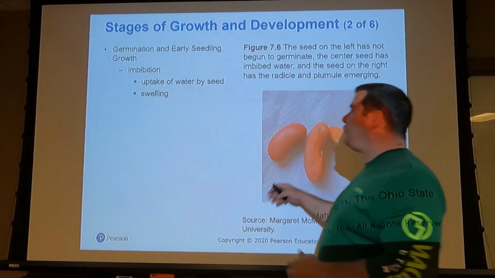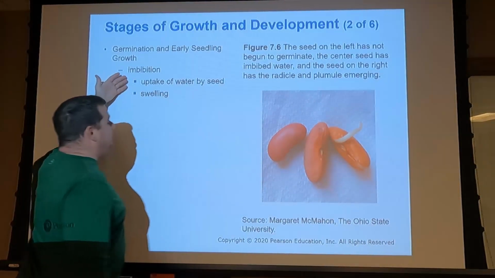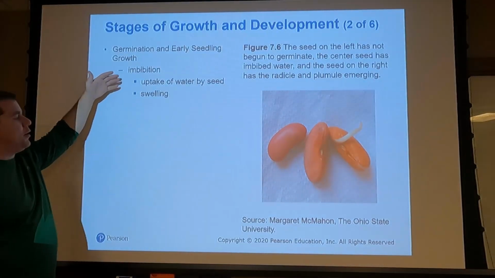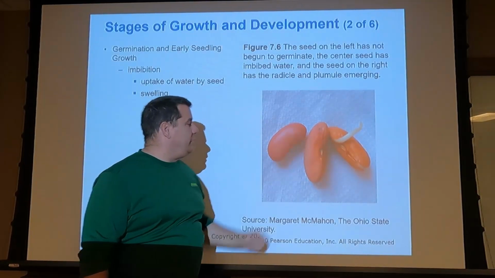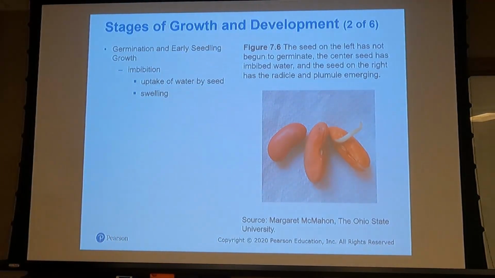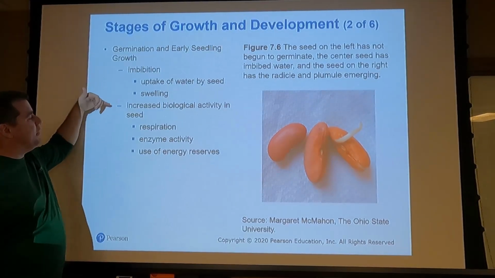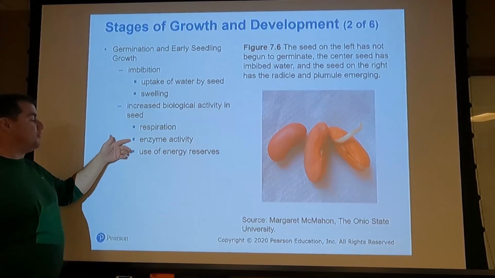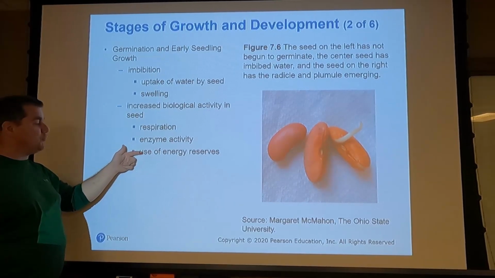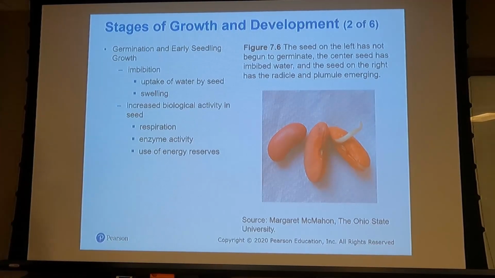So during early germination, the first thing we need to do is imbibe water. We need to imbibe water to begin the plant processes within the seed. Once that water is imbibed, it is going to increase the biological activity. It will start some enzymes, and then the seed will start to use those energy reserves.